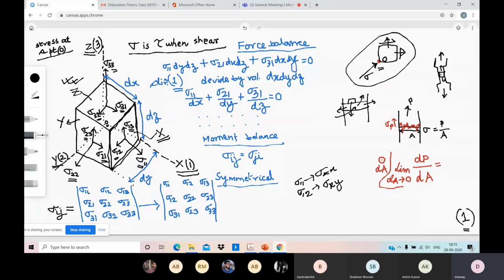You can also write them in xy form: sigma xx, sigma xy, sigma xz, sigma yx, yy, yz, and then sigma zx, zy, zz.